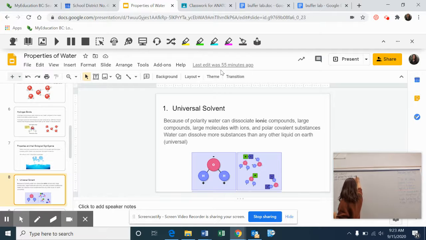Large compounds and molecules that have ions in them. So put a little W for with, because I'm lazy about writing.